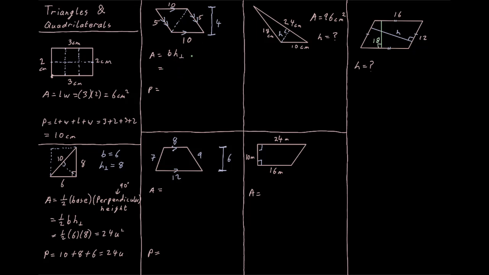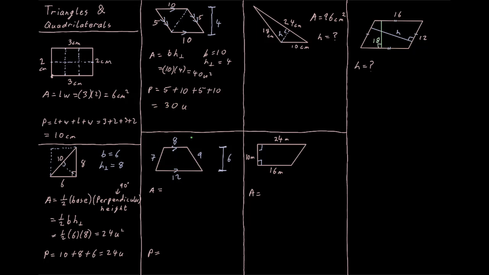So we would only take our base as being 10, and our perpendicular height away from that base to the far side would be 4. So that would be 10 by 4 is going to be 40 units squared. And then the perimeter is going to be just adding up all the sides. So 5 plus 10 plus 5 plus 10. Again, I am walking around that shape, and I end up with a total of 30 units all the way around.